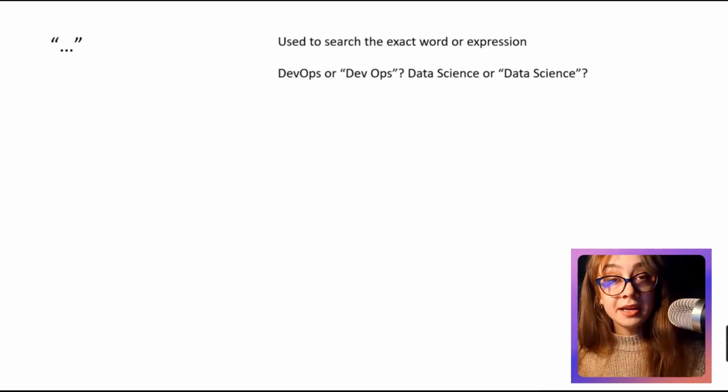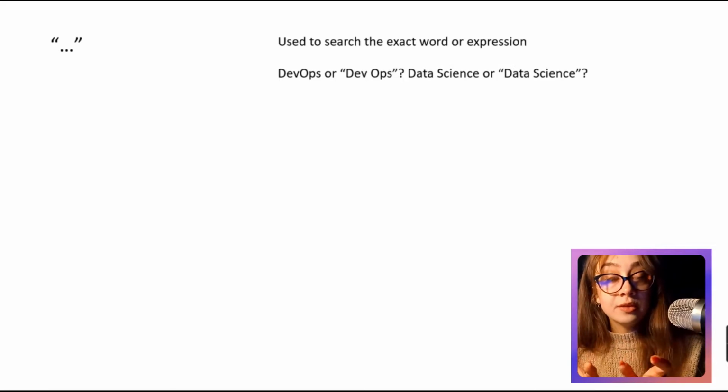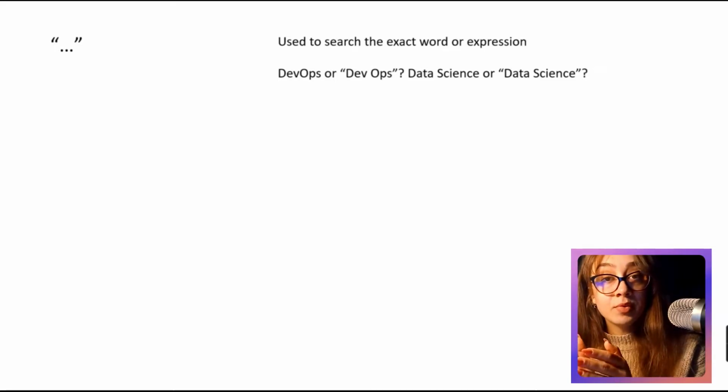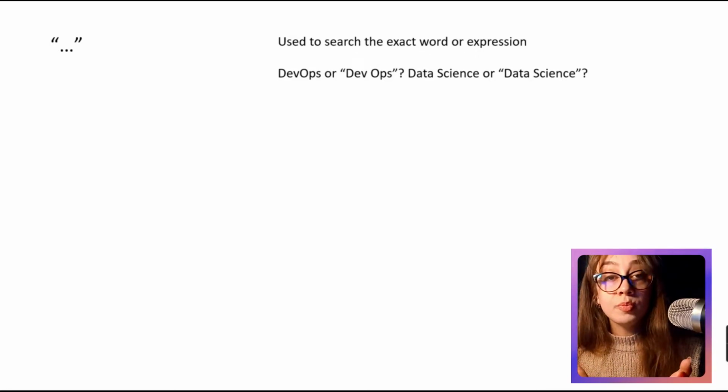Another example is data science. If you write data science without the quotation marks, the searching algorithm will take these two words and search for candidates that have either data or science or both of them. Now, the problem is that if you take data separately from data science, they have other meanings. So this means that the searching algorithm will show people that, I don't know, maybe have worked in research, that use data in their CV to present the fact that they've worked with data in a research type of manner in the university.